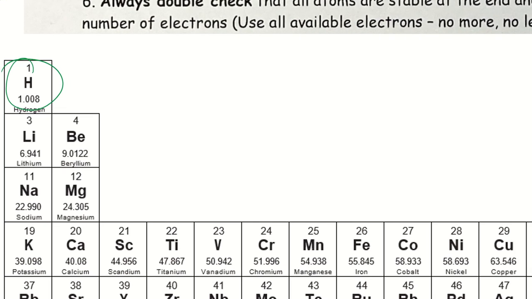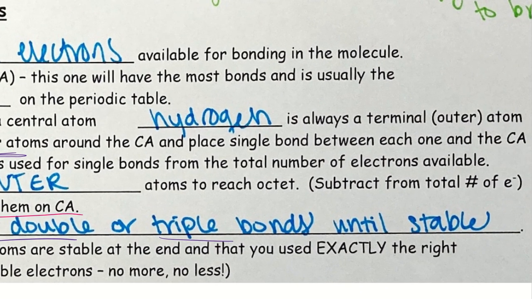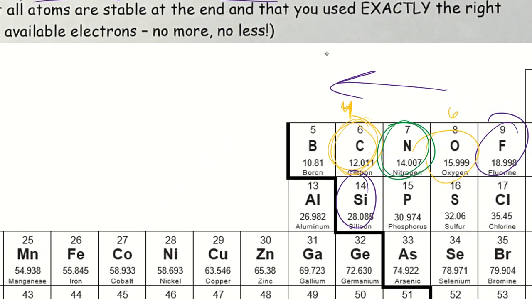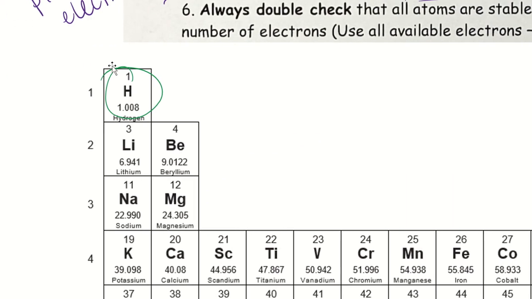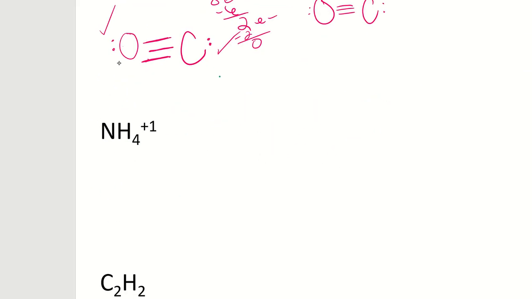Hydrogen is one of our exceptions, that it's always a terminal atom, so it will never be your central atom. So in this case, nitrogen with its 5 valence electrons will be my central atom, and hydrogen contributes 1 valence electron. So I have 5 plus 4 electrons from hydrogen because it's 1 plus 1 plus 1 plus 1, and that gives me 9 electrons.